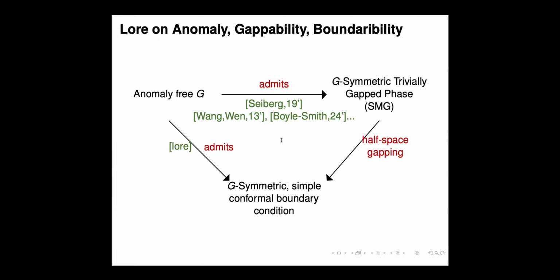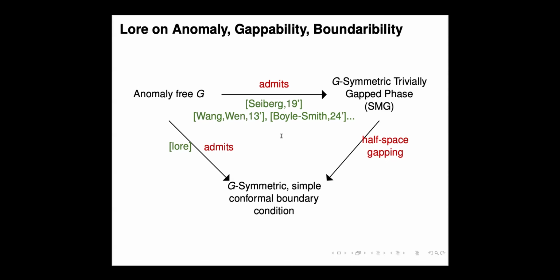And there were many more examples. For example, the earliest ones, I guess, were given by Xiao-Gang Wen and Zheng, and so far this forms a community called symmetric mass generation. Now, if you admit that there is always a gapping potential, then you can just turn the gapping potential on half of the space.